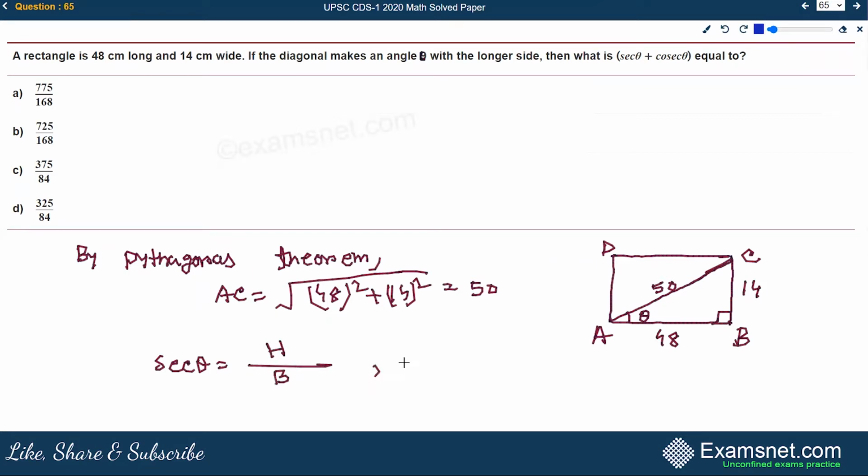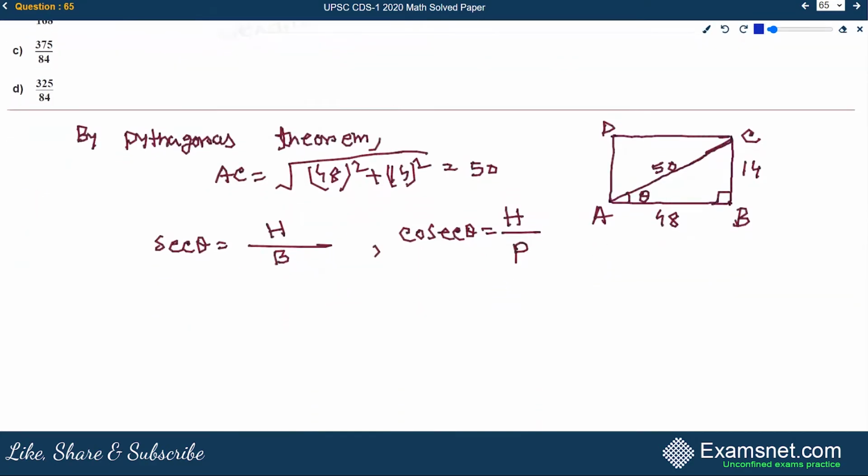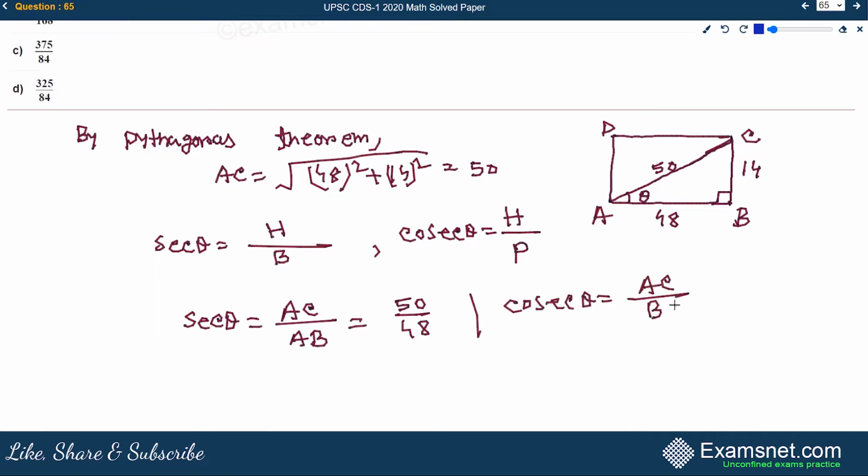In short, I'm writing H by B. And cosec theta is hypotenuse by perpendicular, in short H by P. So in order to find the value of sec theta and cosec theta, we'll get sec theta equals AC by AB, that is 50 by 48, and cosec theta is AC by BC, so 50 by 14.